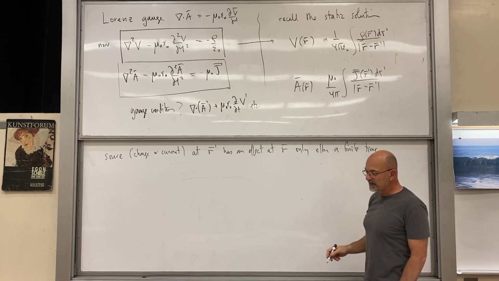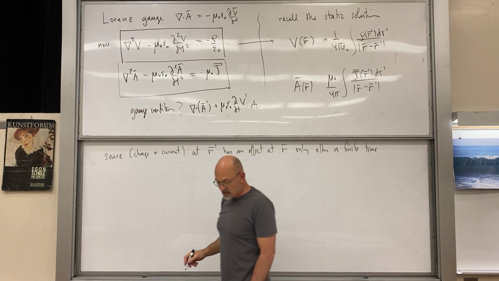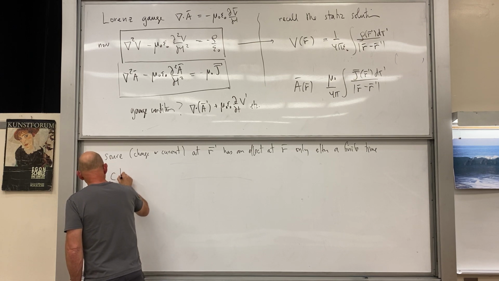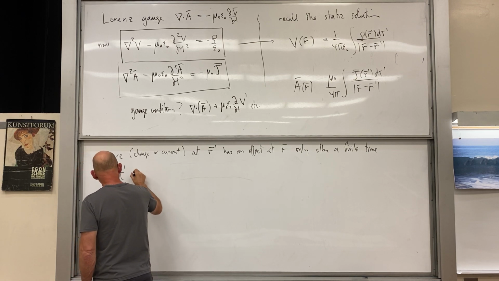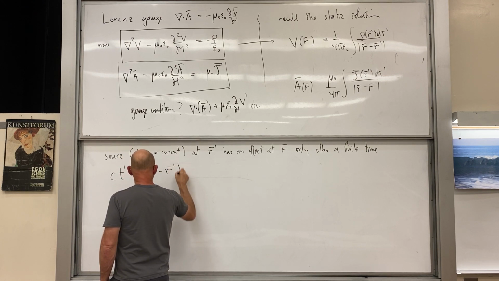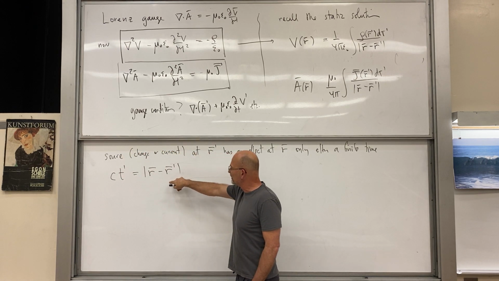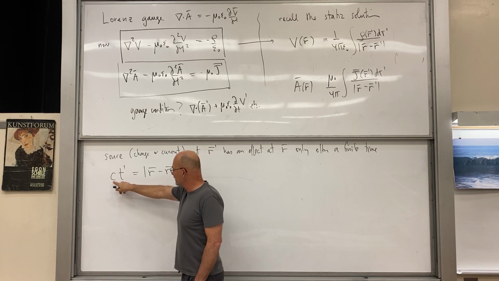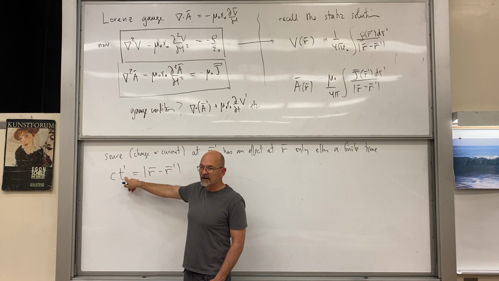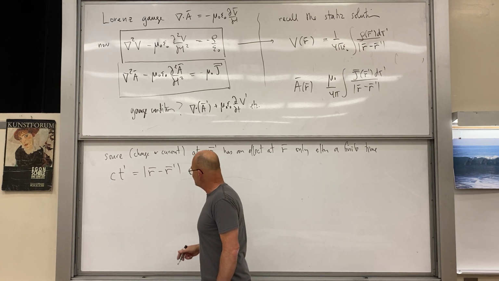It's just because of the speed of light. So we're going to say this distance that we're talking about, c times t prime, is equal to this r minus r prime. There's a distance traversed, and it took that, this is equal to c times a certain amount of time.